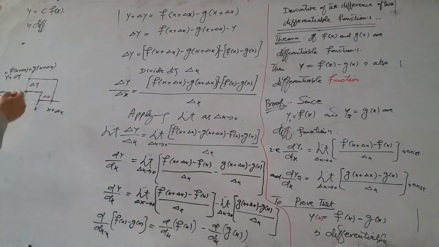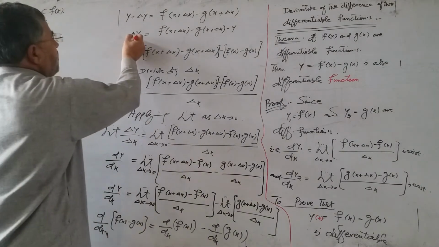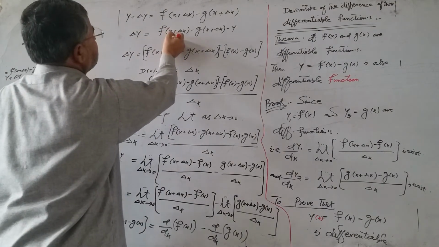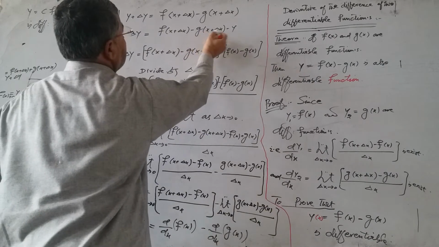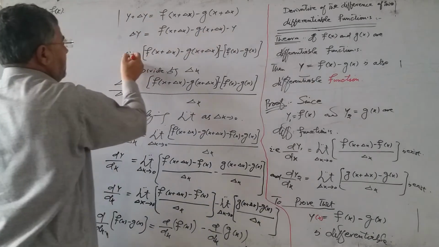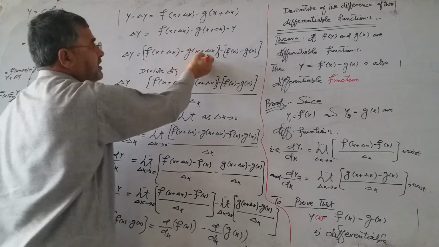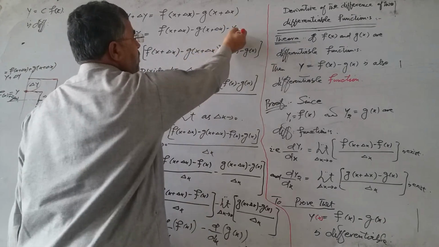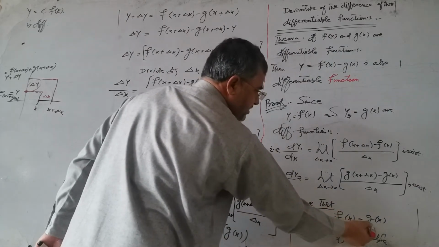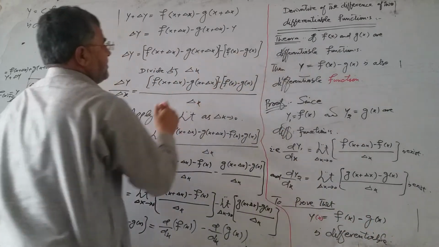Now, to calculate the change in the dependent variable, we have del y is equal to f of x plus del x minus g of x plus del x minus y, where y is equal to f of x minus g of x.